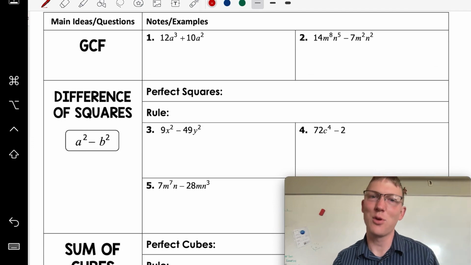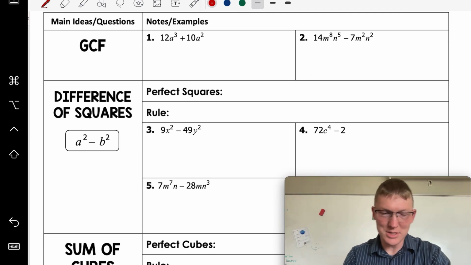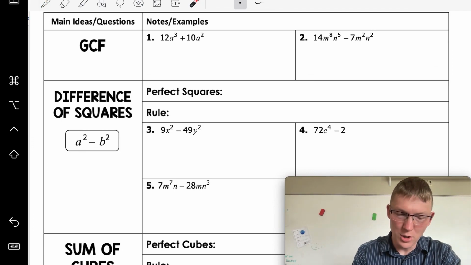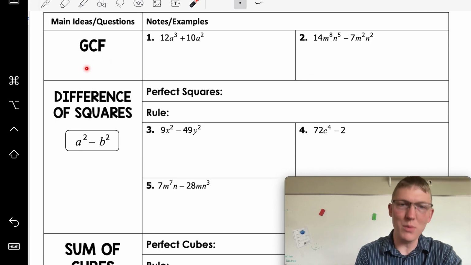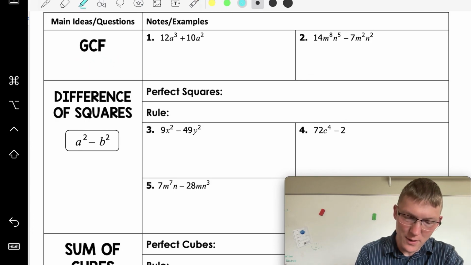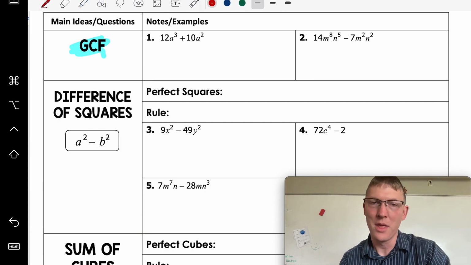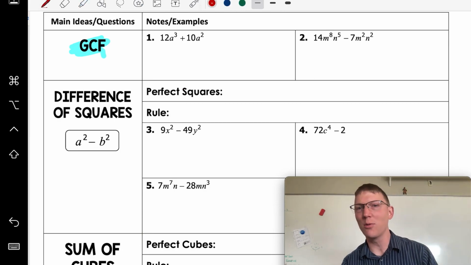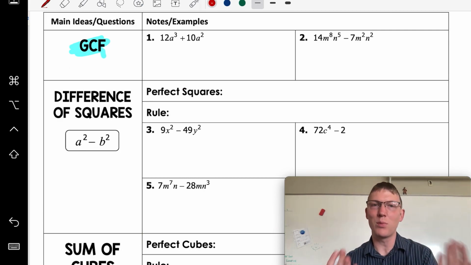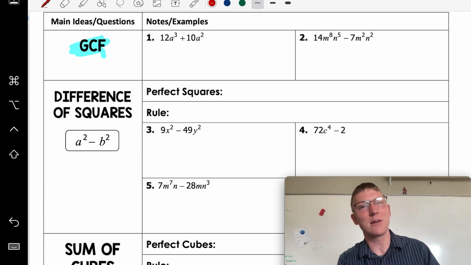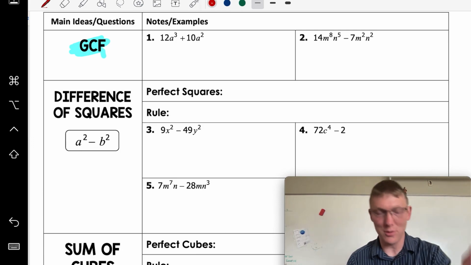So let's do a quick review on factoring. Step number one, your first step in factoring is always find the greatest common factor and factor that out. In fact, I've still seen it in some of our quizzes in this class over and over again that we get stuck because we forget to factor that thing out, and it makes life so much easier.